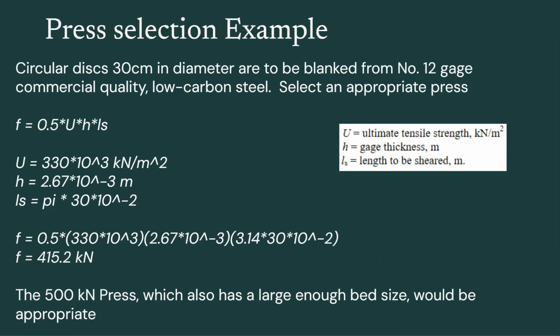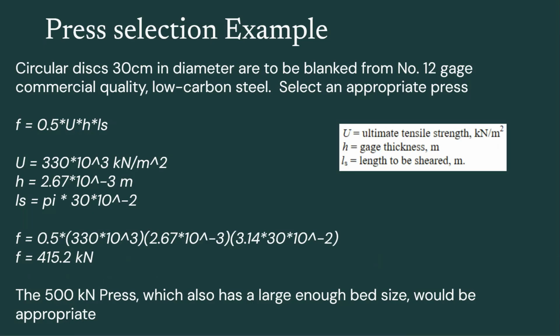We'd have to look at the material specifically, in this case, low carbon steel, and go back and check the charts previously mentioned. The ultimate tensile strength of the steel is 330 times 10 to the third kilonewtons per square meter. The thickness of 12 gauge steel is 2.67 millimeters, or 2.67 times 10 to the negative third meters.